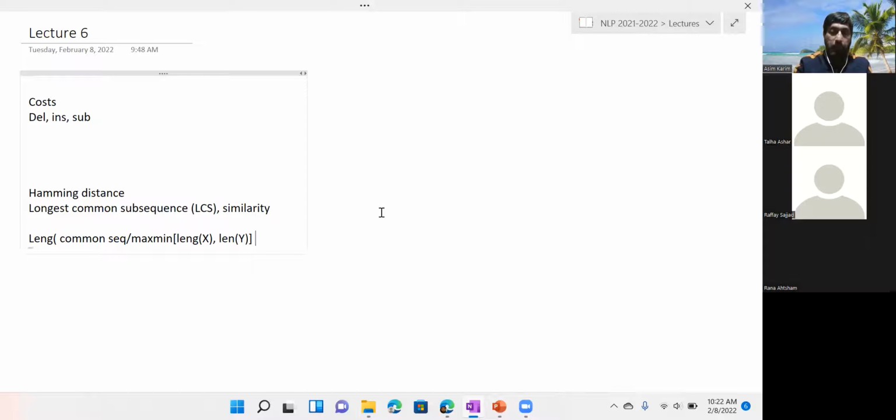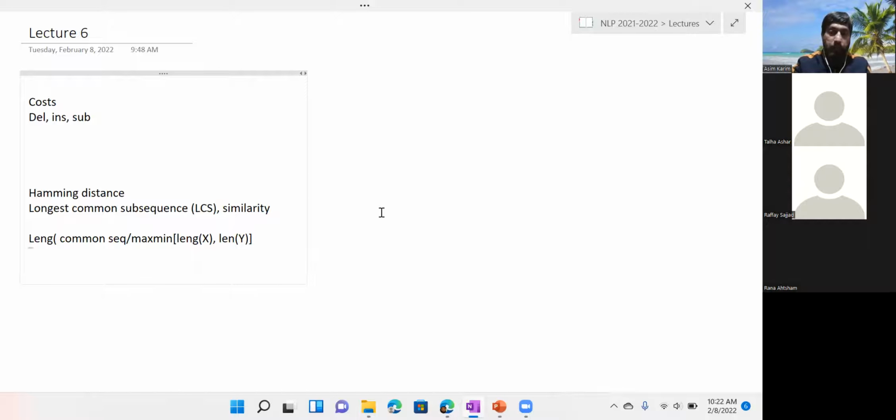We are normalizing it with the shorter length of the two strings, so that it has a maximum value of 1 and a minimum value of 0. So once you have normalized it, if you subtract it from 1, then you get the distance. So in the standard form, it is a similarity. If you want to get a distance, you have to subtract it from 1.